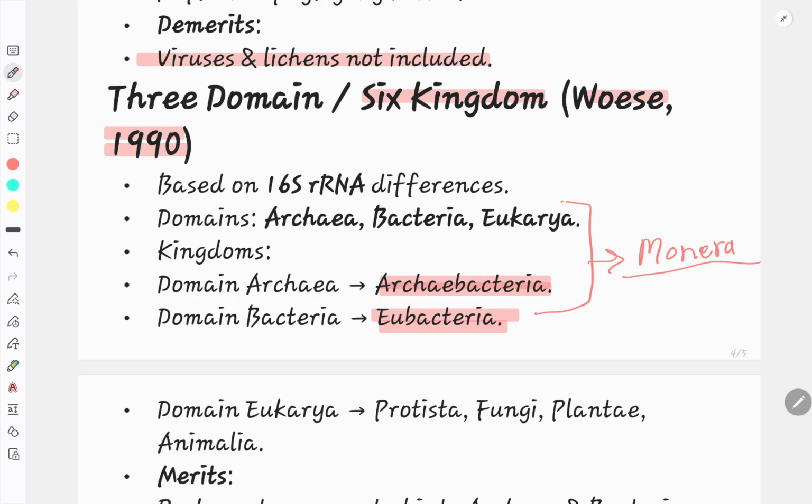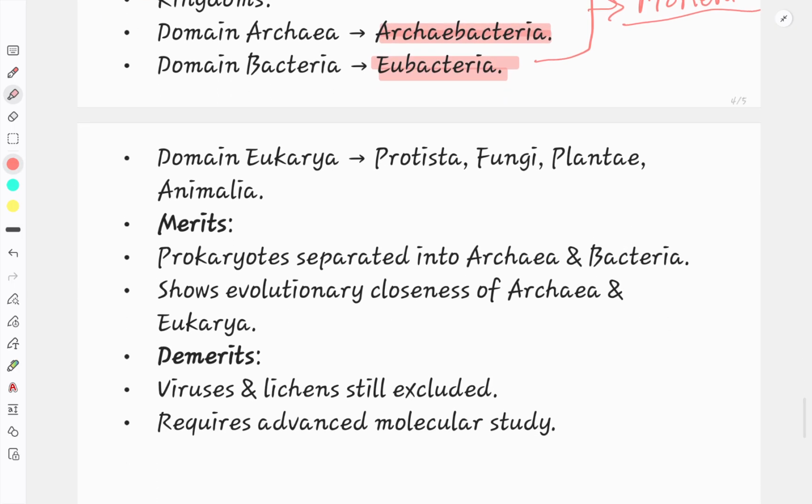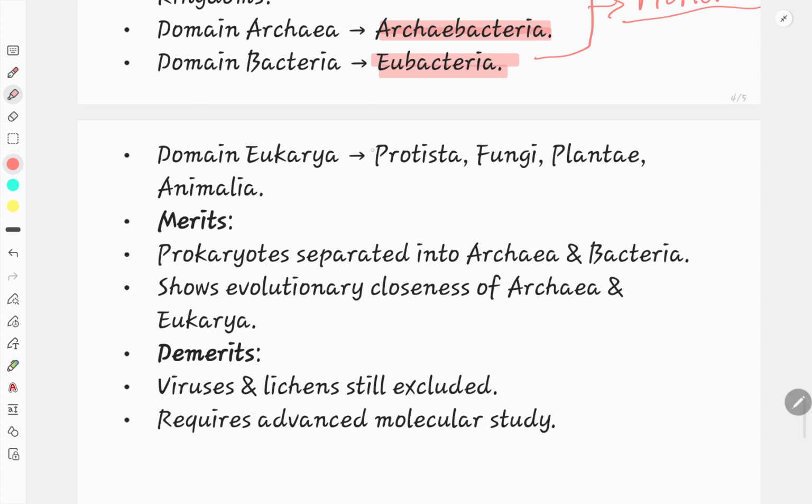In Woese's classification, they are divided into two domains. Domain Eukarya consists of protists, fungi, plantae, and animals.